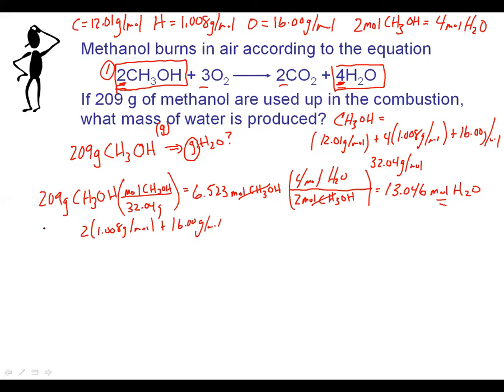And for water, that would give us a molar mass of 18.02 grams per mole. So the last step that we would do would take our moles of water. We would use the molar mass to convert from moles to grams.